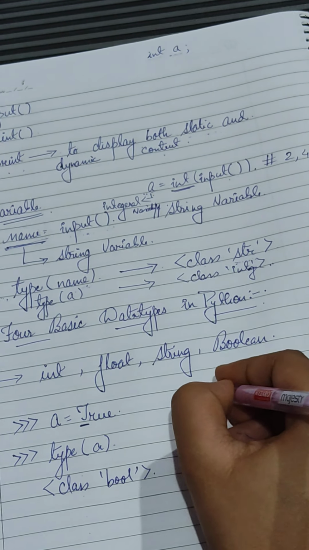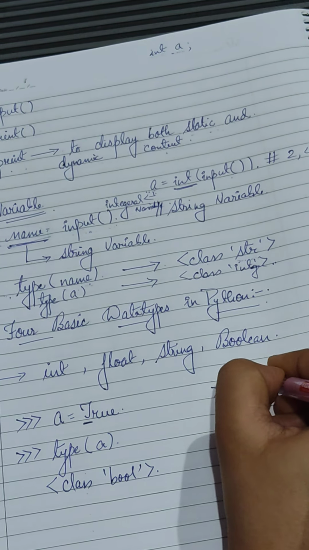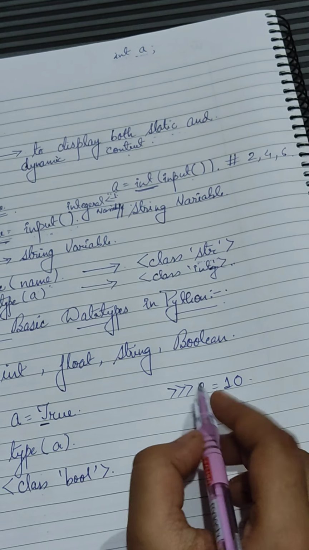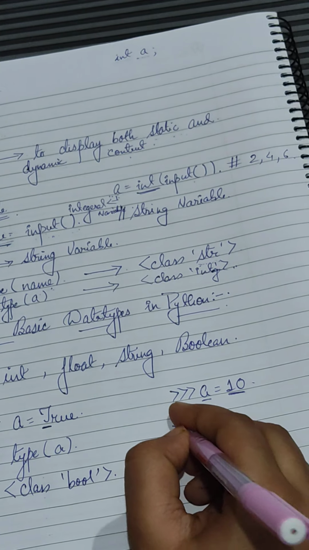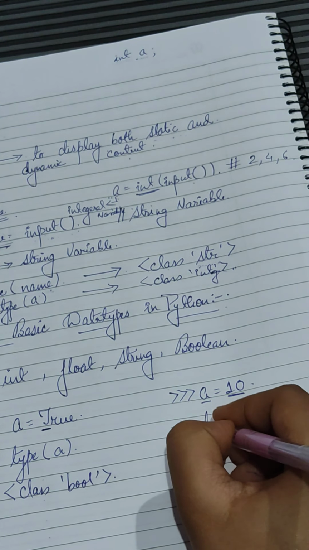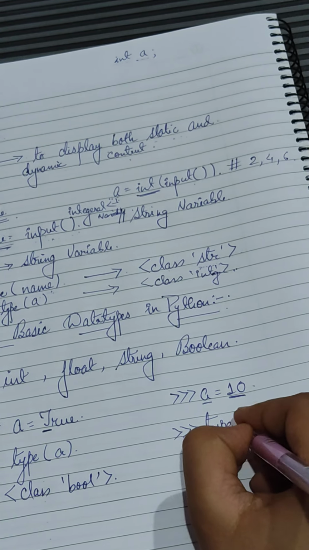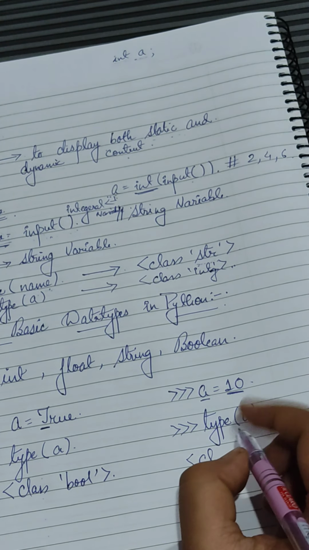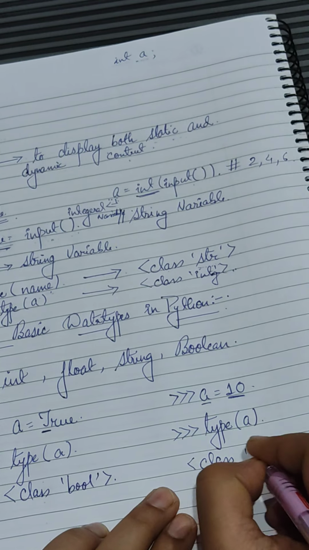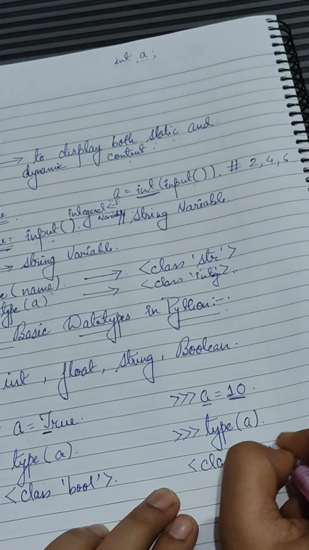If I had given a equals 10, it means I had initialized the variable a with an integer, and when we check the type of a, it will come as the class of integer, right?